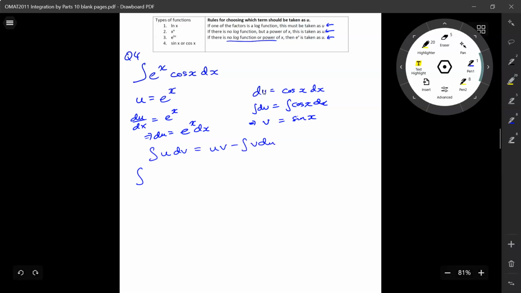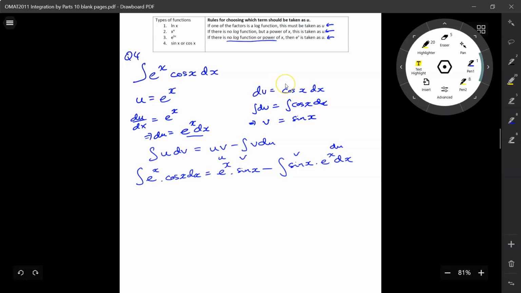Filling in our values, u is exponential x, dv is cosine x dx, so we get u times v, which is exponential x times sine x, minus the integral of sine x times du, which is exponential x dx. So this is my u, that's my v, and that's my du.